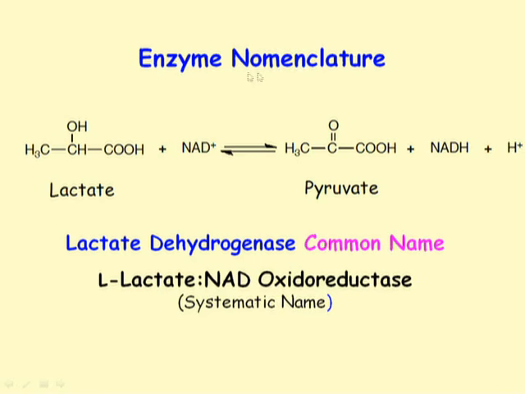An aspect of enzyme classification is also enzyme nomenclature. The reaction that is shown here is the reaction for lactate dehydrogenase, which is the common name for this enzyme, but a systematic name for this enzyme would include names such as L-lactate NAD oxidoreductase.